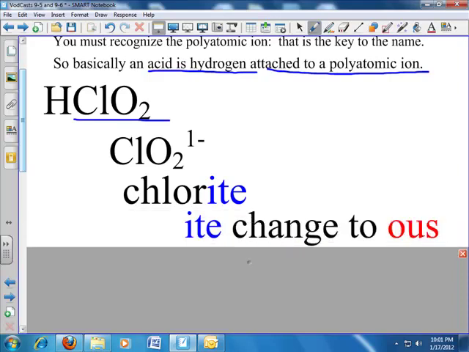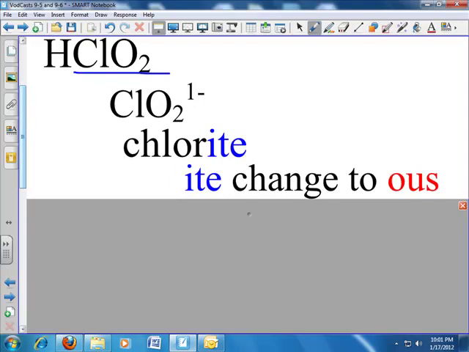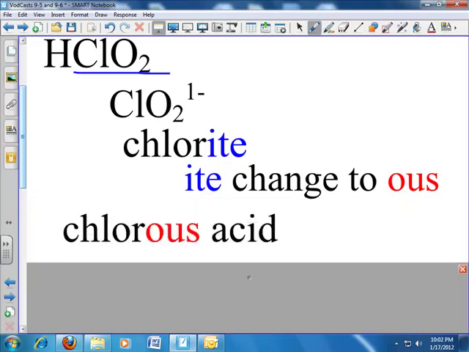Whenever you have a polyatomic ion that has an ITE ending, you're going to change that ending to an OUS ending. So all of your ITEs change to OUS. To name this acid, this becomes chlorous acid. We just got rid of the ITE and put an OUS, and we got chlorous acid out of it.